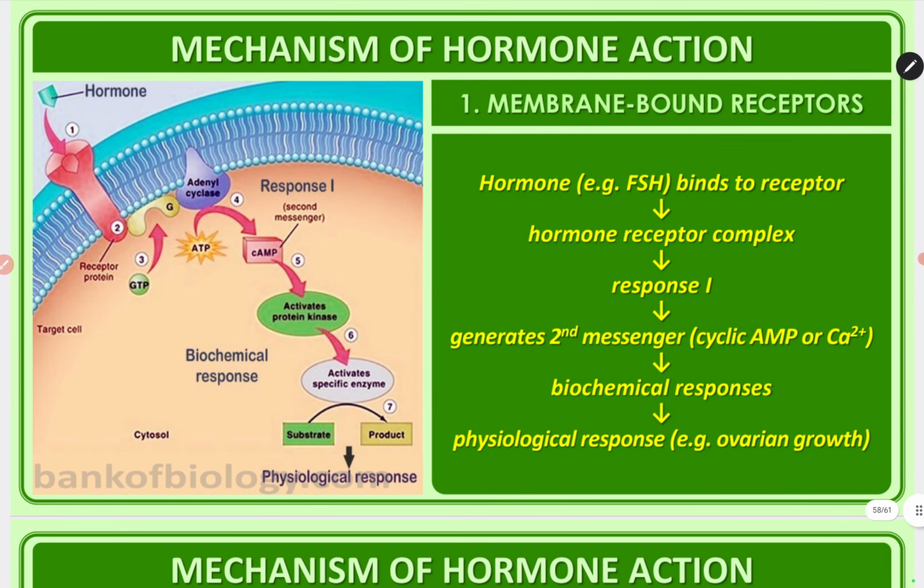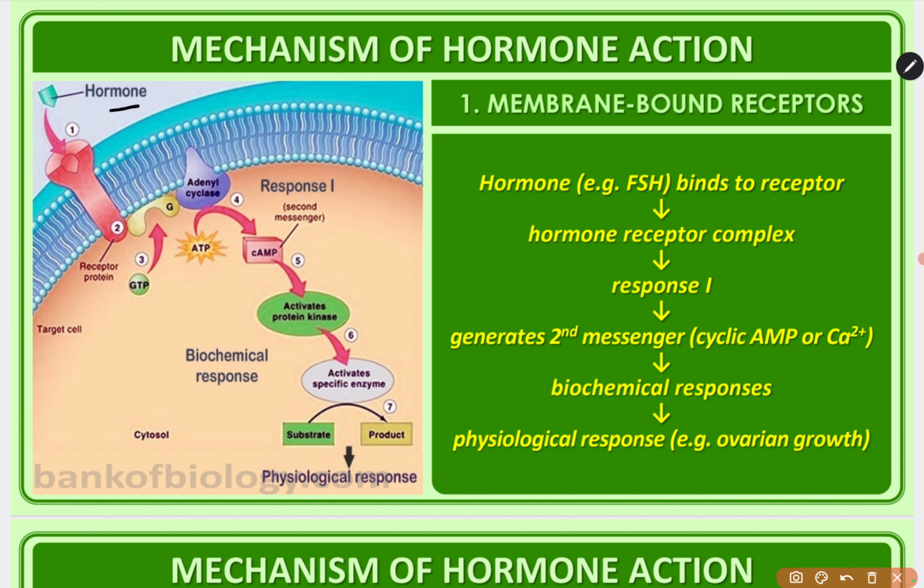You see the way the hormone, for example FSH, binds to the receptor, hormone receptor complex, response 1 generates the second messenger, biochemical responses, then physiological responses, for example ovarian growth. As it says, it is the FSH hormone.